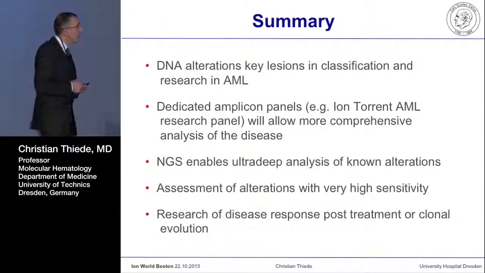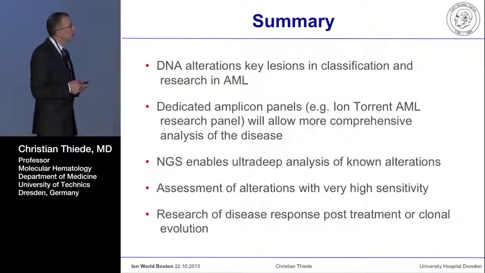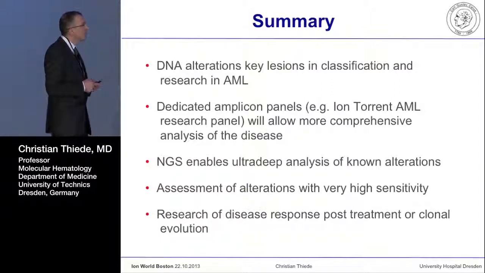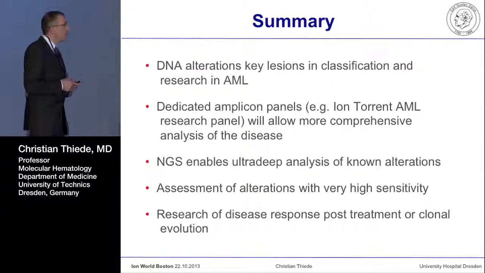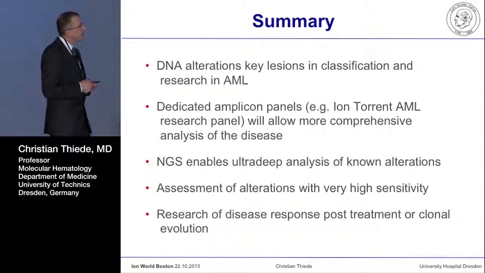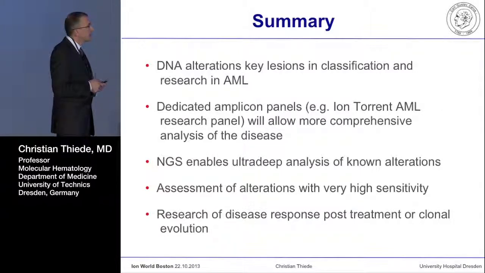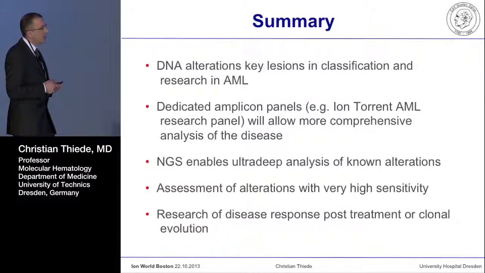So summing up, I think we are all sure that DNA alterations will become key lesions in the classification of many tumors, and especially also in AML. I hope that we will be able to generate, and we're quite looking forward to use these dedicated amplicon panels, especially, for example, on the Ion Torrent instrument, to do more comprehensive analysis of patients at diagnosis.